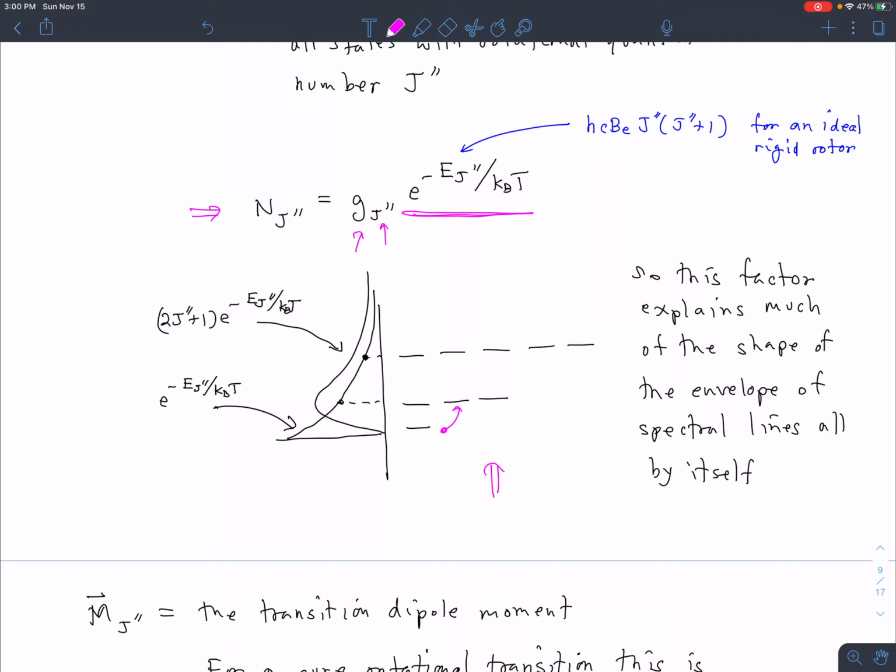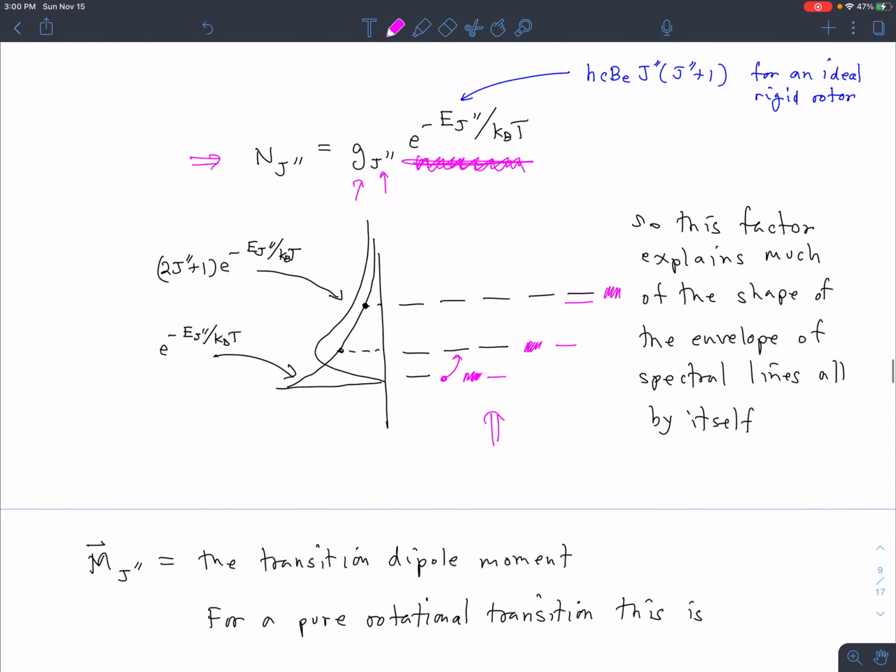That has to come from the surroundings, and that means that it's less probable that I'll just natively find the system in this excited state, and even less probable that I'll find it up in this excited state than the probability that I'll find it in this ground state. So ground state's most probable, next excited state is less probable but still more probable than the next excited state, and so on. And that's accounted for by this Boltzmann factor from statistical mechanics, from chemistry 312.